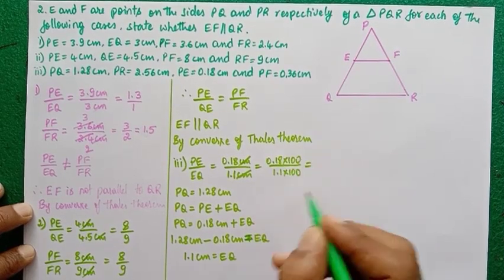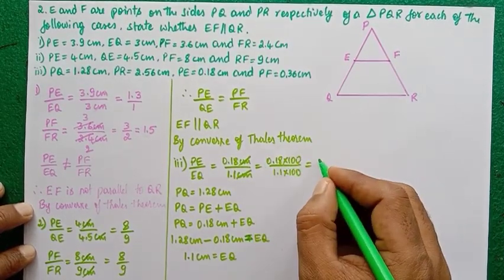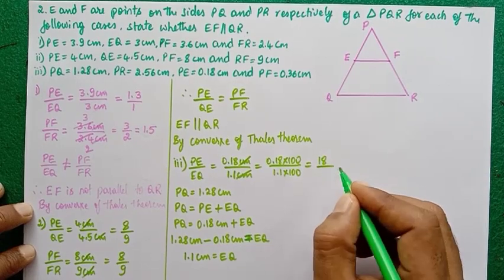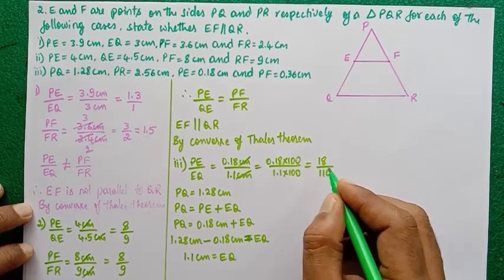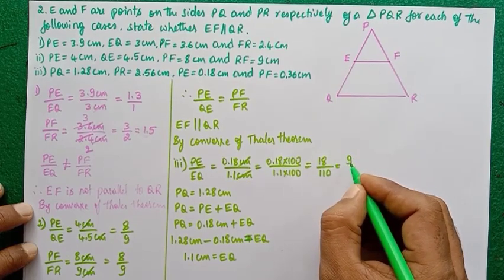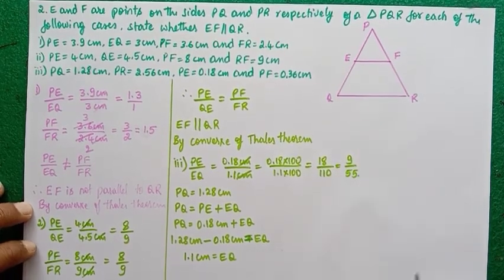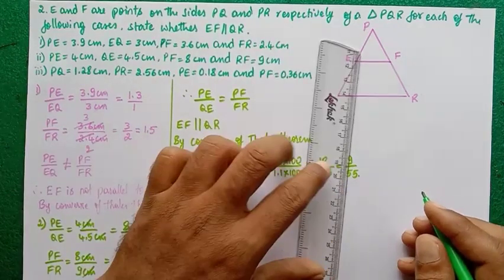What we will get here is 18 by 110. So we will be getting 9 by 55. 9 by 55.